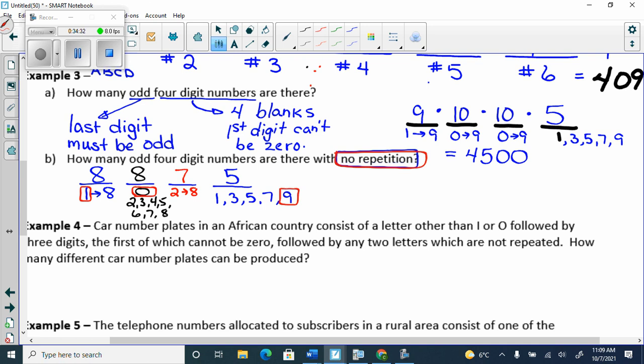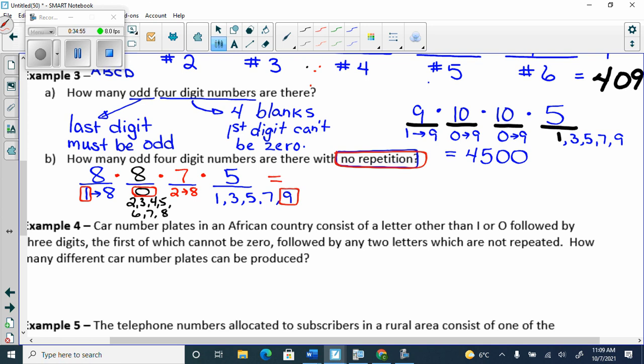Now, do I multiply those numbers or add them? With the fundamental counting principle, what do I do? I multiplied, correct? And I multiply when I use the word and. We agree? Do I need this blank and this number and this number and this number to make a 4-digit number? Or could I just have this one or this one or this one or this one? I need this and this and this and this. And when I say and, I need to multiply.